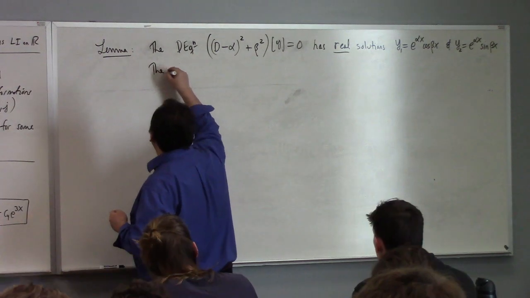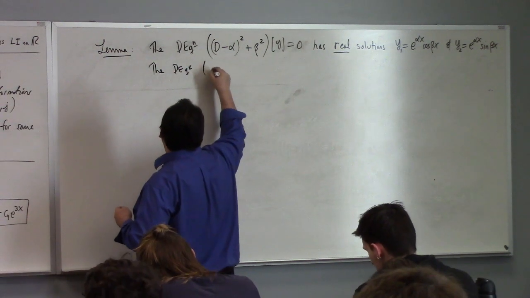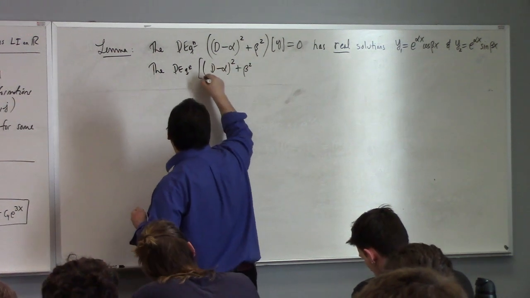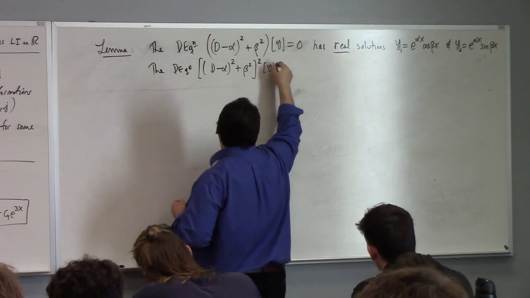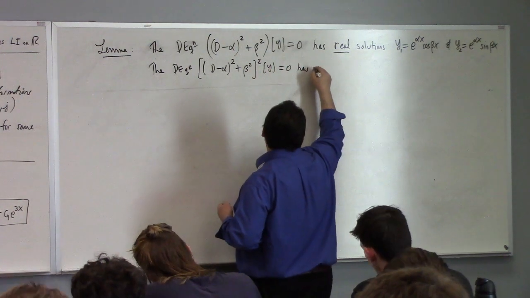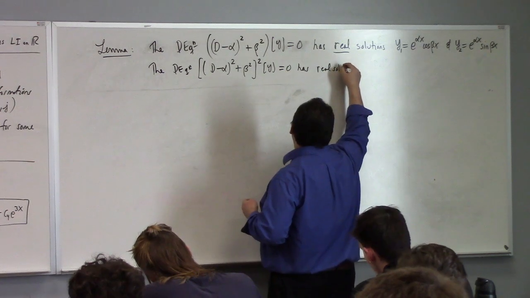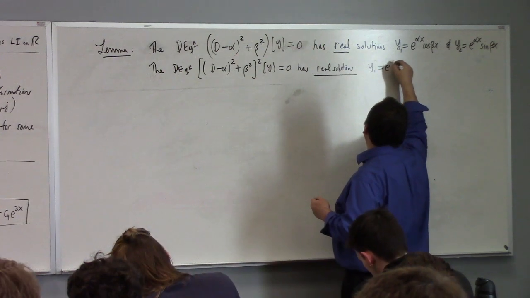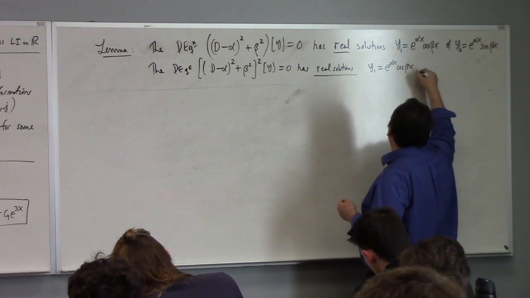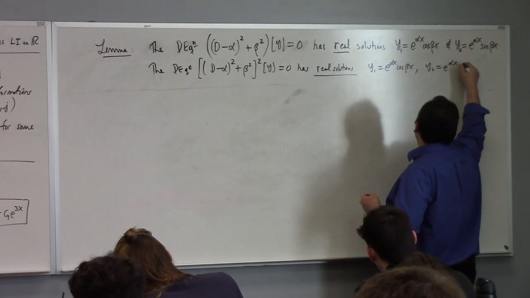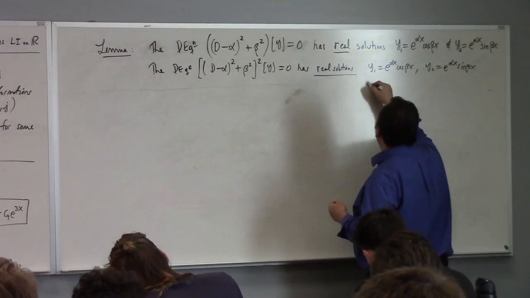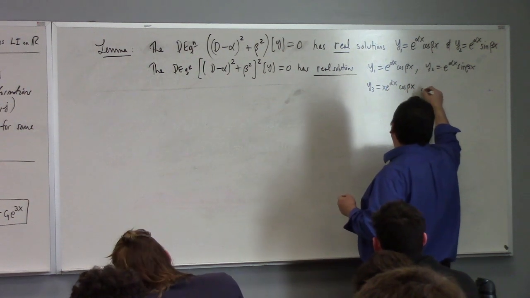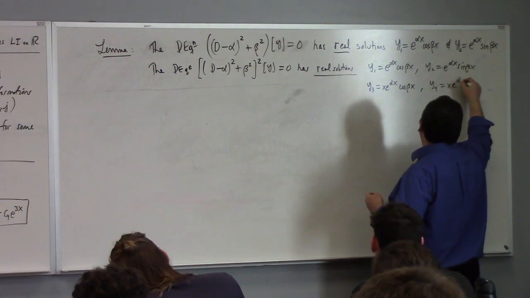Correspondingly, the differential equation D minus alpha quantity squared plus beta squared, squared, equal to 0, has real solutions y1 equals e to the alpha x cosine beta x, y2 equals e to the alpha x sine beta x, and guess what? y3 equals x e to the alpha x cosine beta x, y4 equals x e to the alpha x sine beta x.